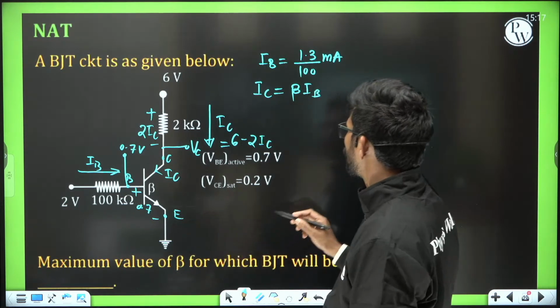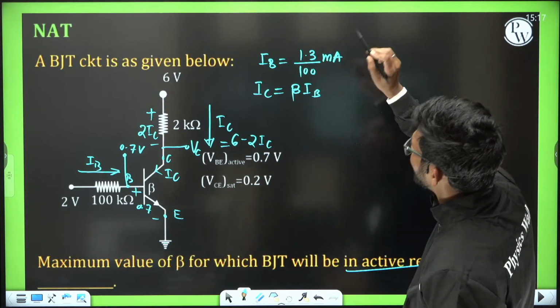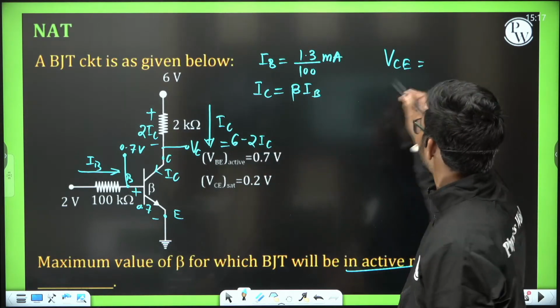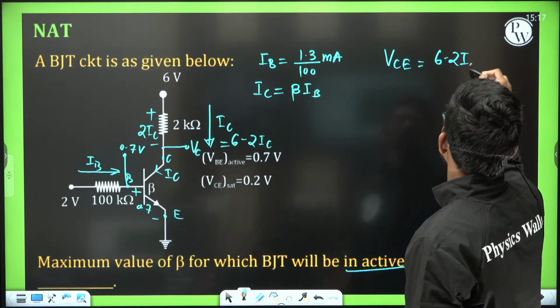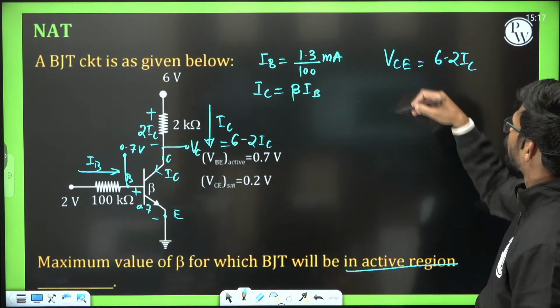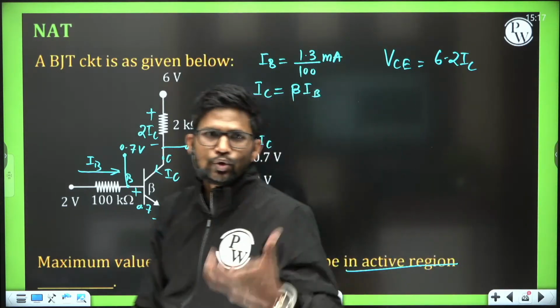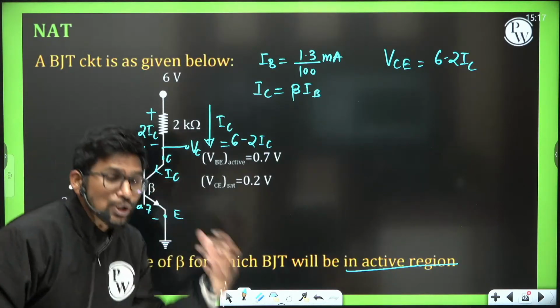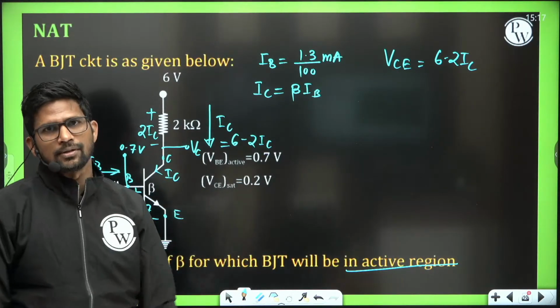V is equal to 0 volt. So for this calculated current, VC is equal to what? VC is 6 minus 2 IC for the calculated current, for which I assumed the BJT to be in active region.